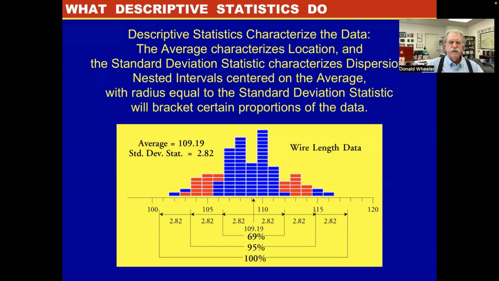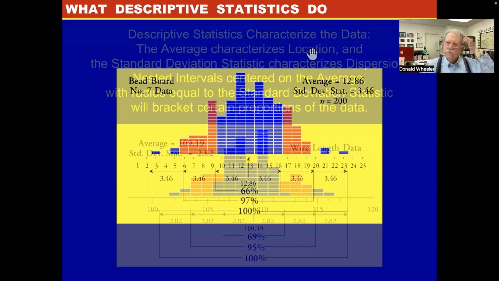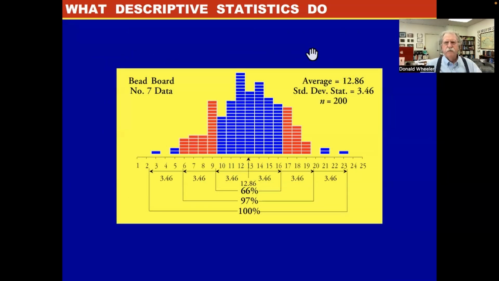Going 1, 2, 3 standard deviations either side of the average, we find 69% of the data, 95% of the data, and 100% of the data, just like we expect. The beadboard number 7 data has an average of about 13 and a standard deviation of about 3.5. Going 1, 2, 3 standard deviations either side of the average, we get 66%, 97%, and 100% of the data, pretty much what we would expect.